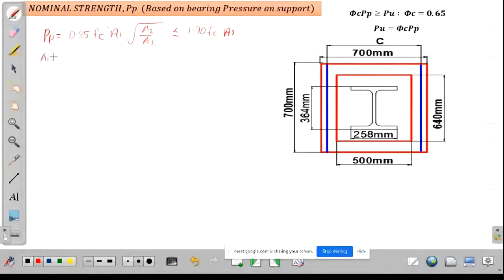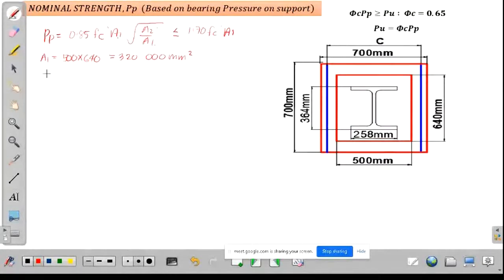Diba? So, kindly solve for our area 1, that is 500 by 640. Ang value natin dito, okay, so that is 320,000 mm squared.